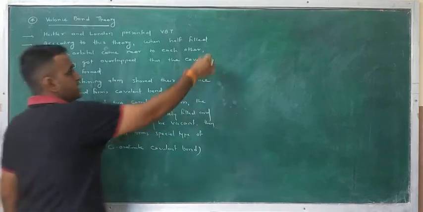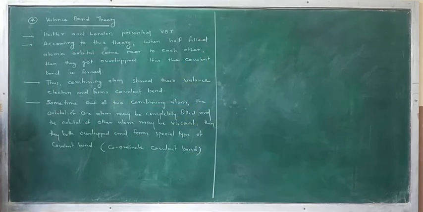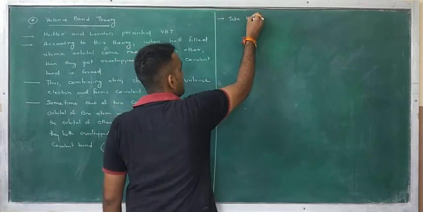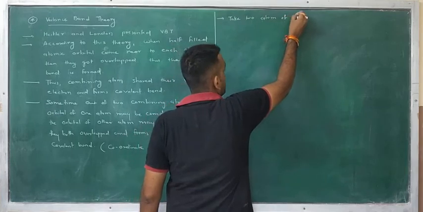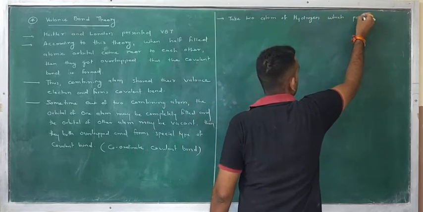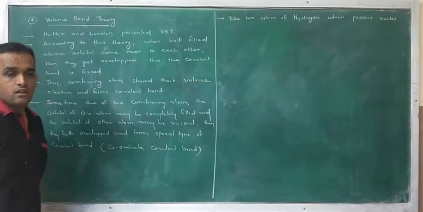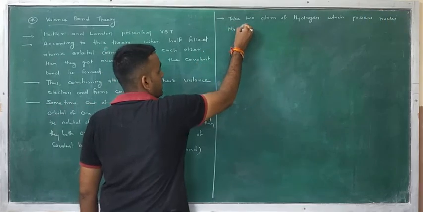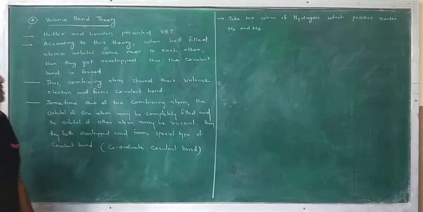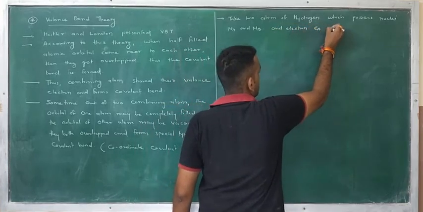Now let us take two atoms. If I take two atoms, just like atom A and B of hydrogen, which possess nuclei Na and Nb, and electrons of the two atoms Ea and Eb, right?